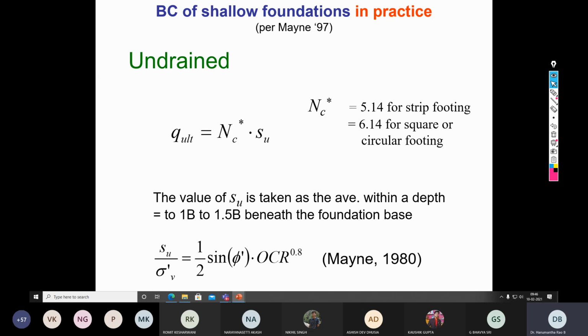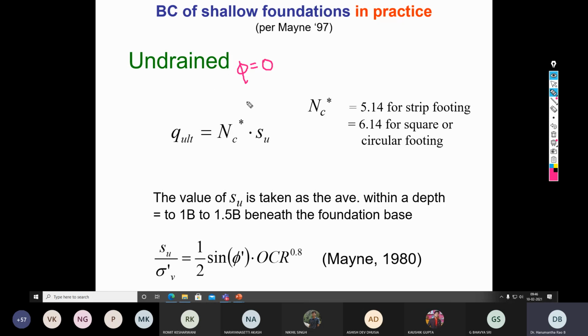I specifically emphasized that when phi is 0, the value of NC is 5.14, NQ is 1 and N gamma is 0. And these values you must remember.